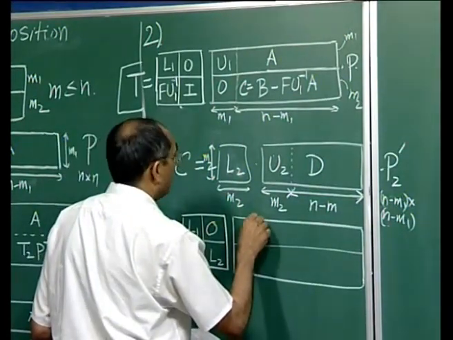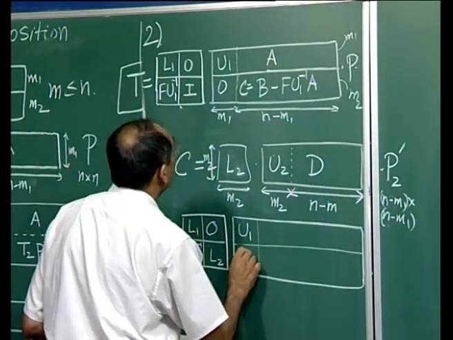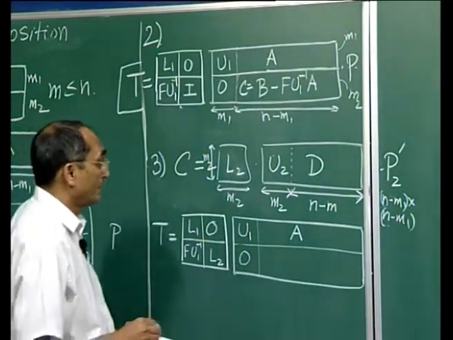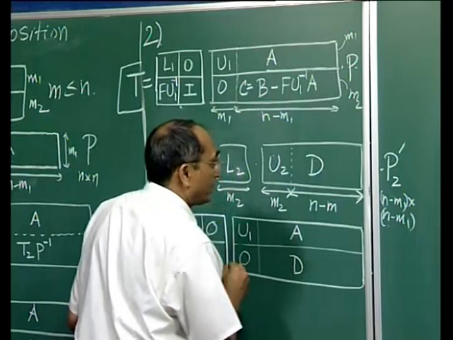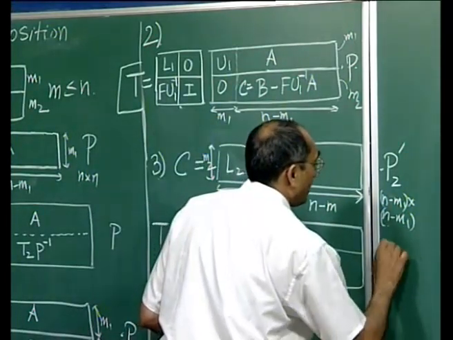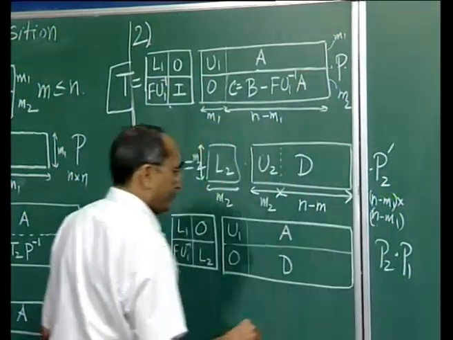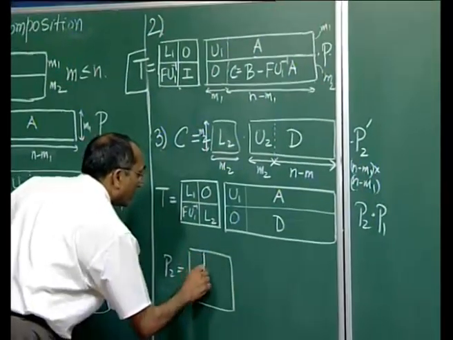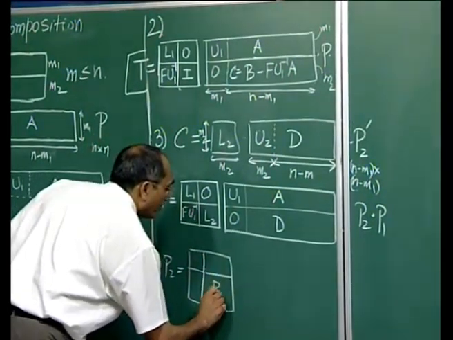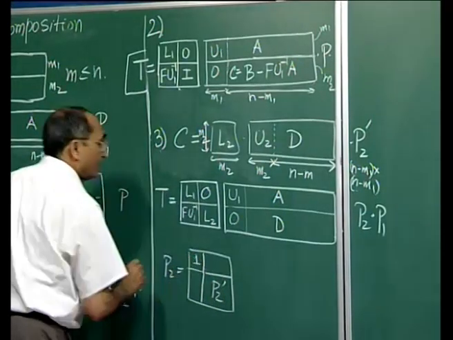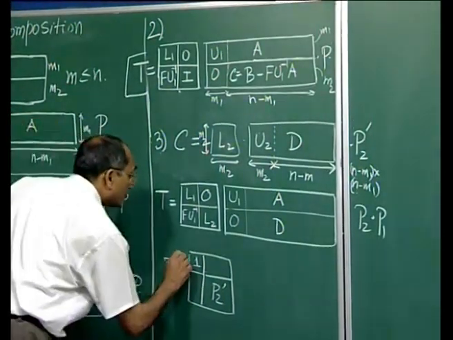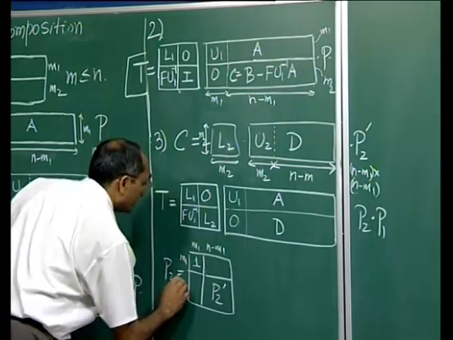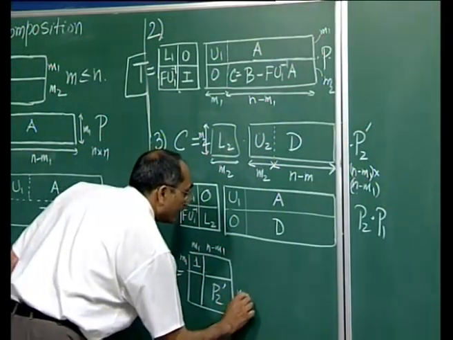You have U1 and a 0 here, A. Let us see if we put T here, we will put a P2 and a P1, where P2 will be P2 prime here, a unit matrix over here of size M1 by M1. So, this is M1, this is N minus M1, this is also N minus M1.